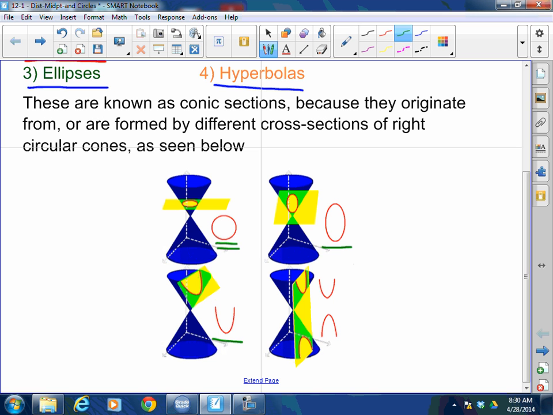And if you take a vertical cross section of both cones that are on top of each other, that are reflected over the x-axis, it looks like 2 parabolas, but those are really a hyperbola. Okay? So those are the 4 conic sections that you guys are going to learn about and graph. Not that bad, to be honest with you.